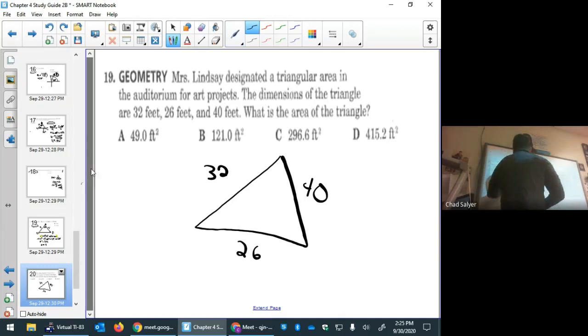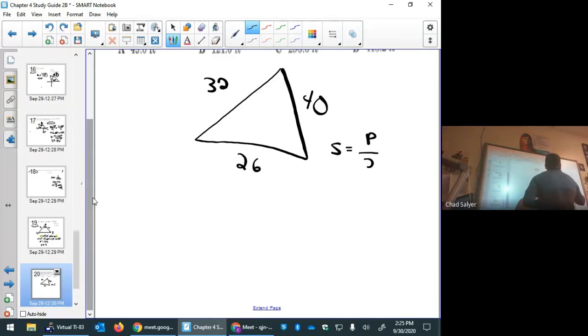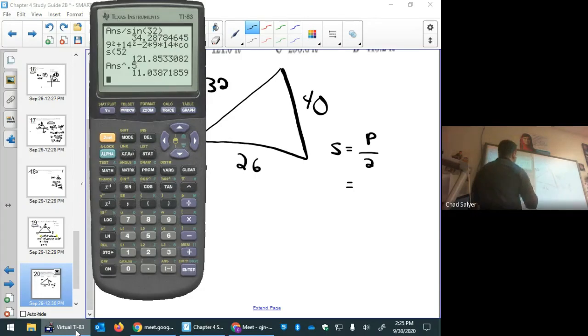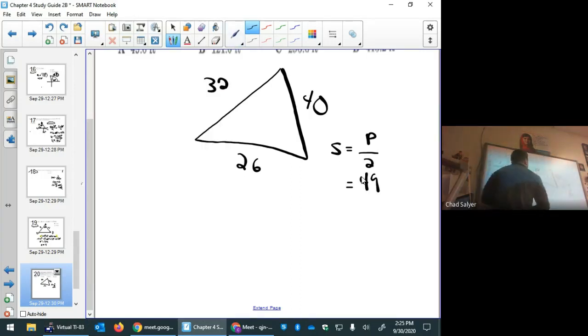So we're going to use Heron's formula, and we're going to take the semi-perimeter. Remember, that's important. So we add up everything and then divide by 2 to get the semi-perimeter. So 32 plus 40 plus 26 is 98, divided by 2 is 49. So the semi-perimeter in this case is 49.